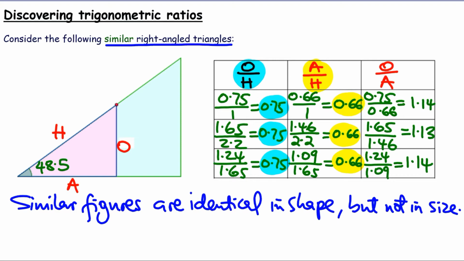And finally, if you look at the ratio of opposite over adjacent, it is almost equal except the middle one, but probably this is because of the decimal places, but ideally they are supposed to be equal. So what can we say? We can therefore conclude that the ratio of corresponding sides in similar triangles would always be the same.